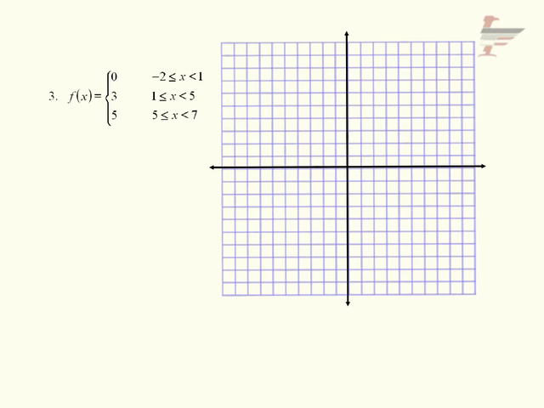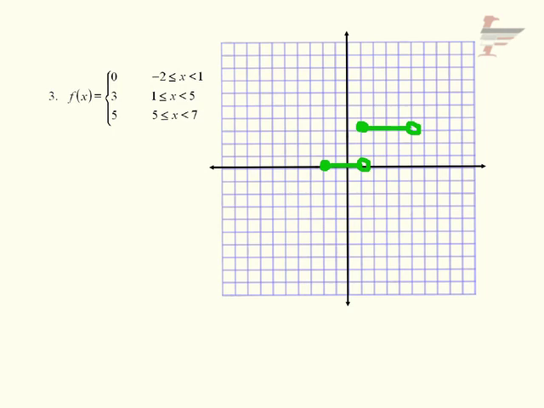Let's go ahead and graph this function, f of x, or y equals 0. We're going to go between -2 and 1, and we want a closed circle at -2 and an open circle at 1, and we're graphing everything in between. Then we're going to step up to f of x, or y equals 3, and we're going to go between 1 and a closed circle to an open circle at 5 and everything in between.